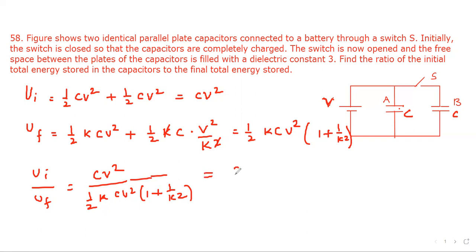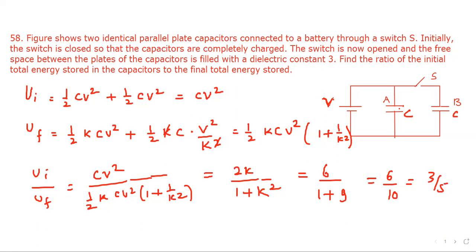So we will get 2K upon 1 plus K square. But in our question, K is given as 3. So we put the values. So it will become 2 times 3, that is 6, divided by 1 plus 9. That is 6 by 10, which is equal to 3 by 5.